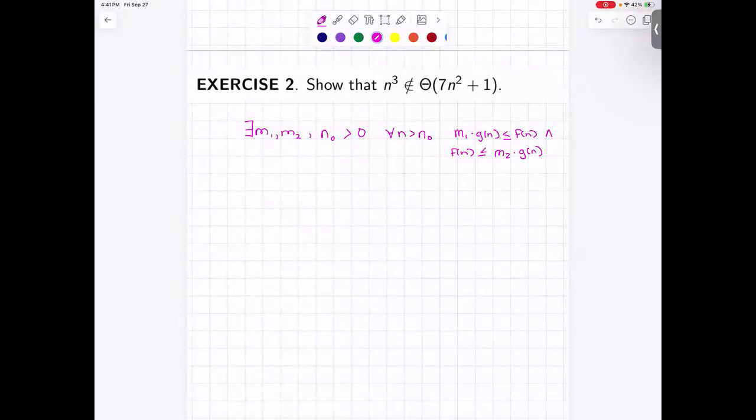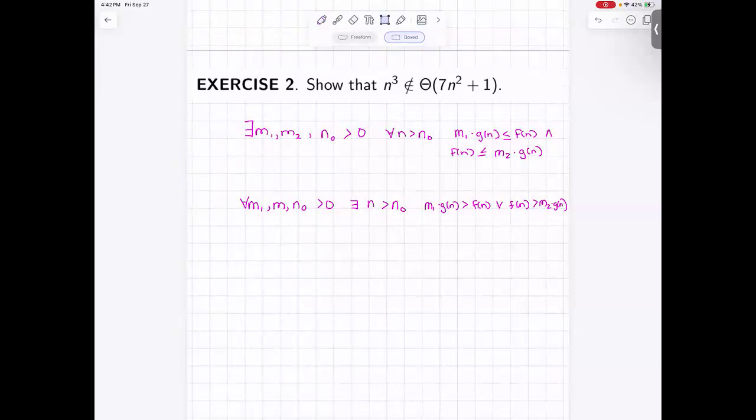Now we're going to show that for this example we're not in this space. So what that means is for all m1, m2, and n naught greater than 0, there exists an n greater than n naught, where m1 times g of n needs to be greater than f of n, or f of n should be greater than m2 times g of n.